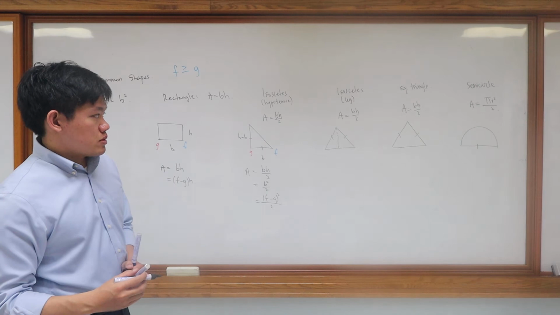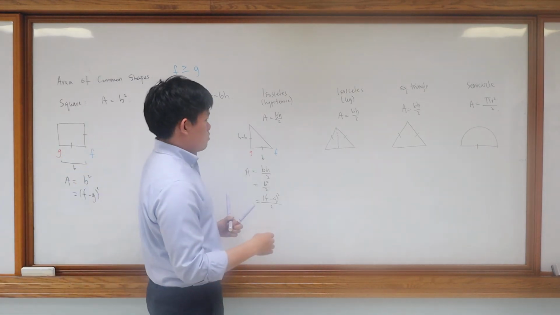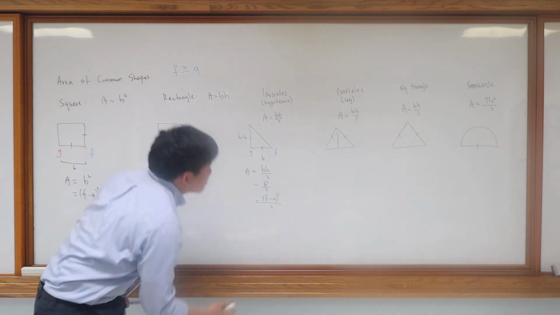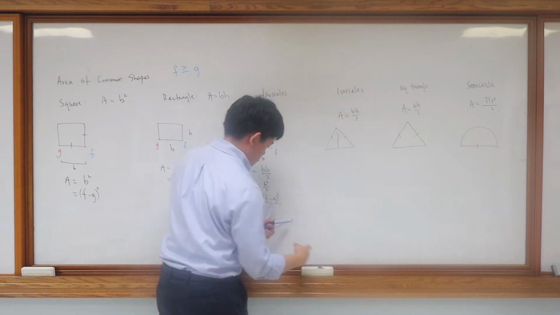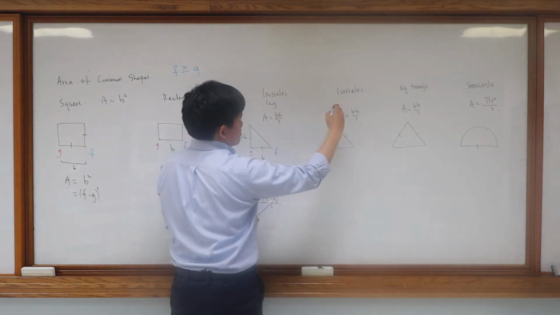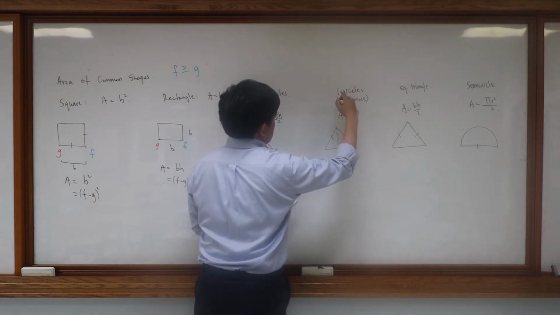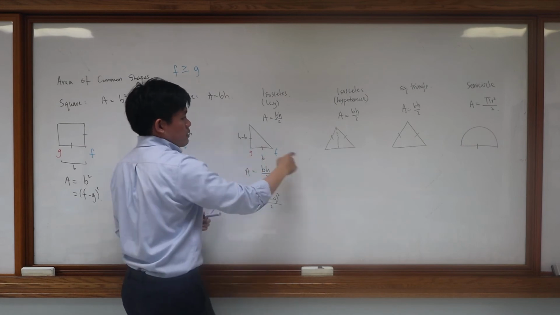Now, for the isosceles with the leg being the height. Ooh, I got this backwards. Okay, hold on. This is the leg, and this is the hypotenuse.